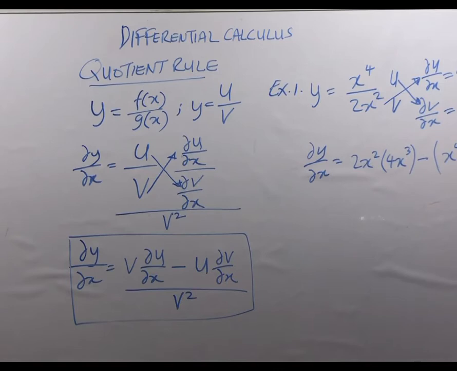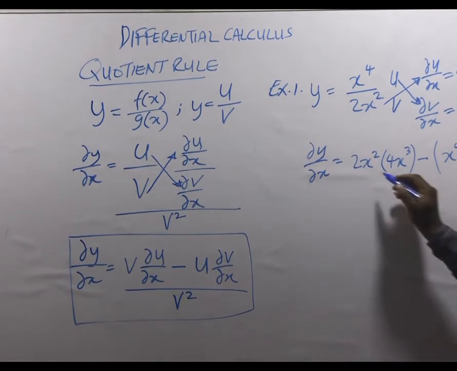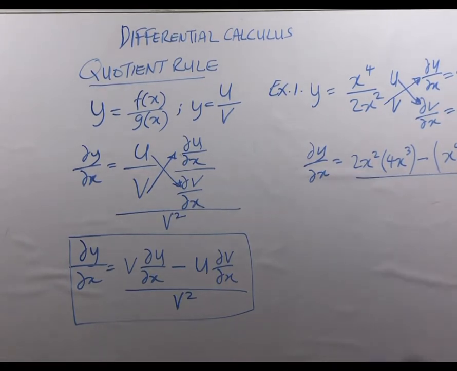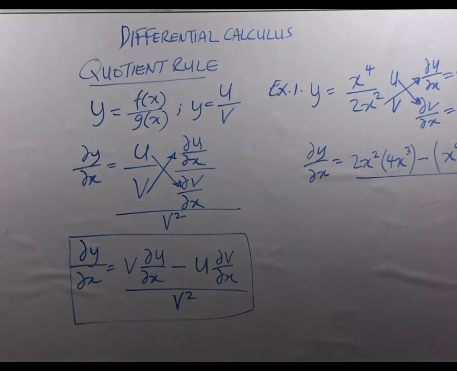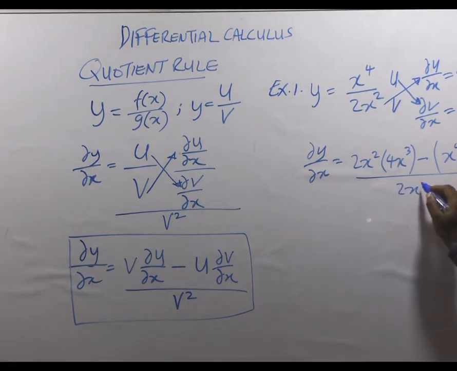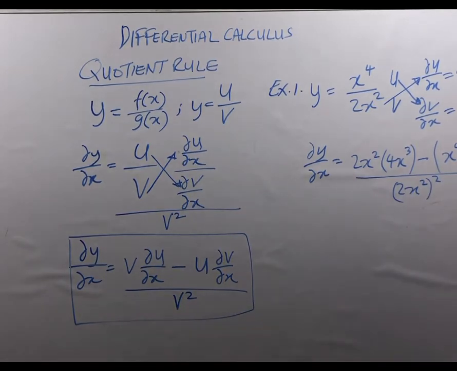Then that is divided by the square of the denominator, and that will be 2x raised to power 2 all squared. So this is what we have.